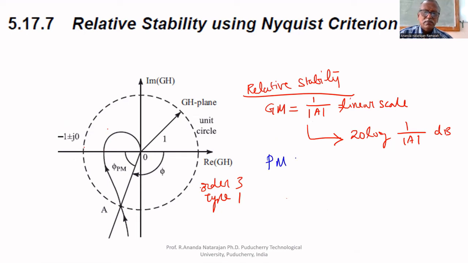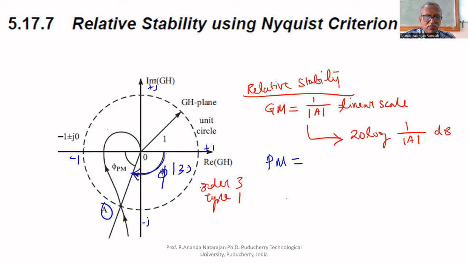Phase margin equal to, draw a unit circle. This is unit circle, -1, plus 1, plus j, minus j. The Nyquist plot cuts the unit circle at A. The angle at that point is phi.